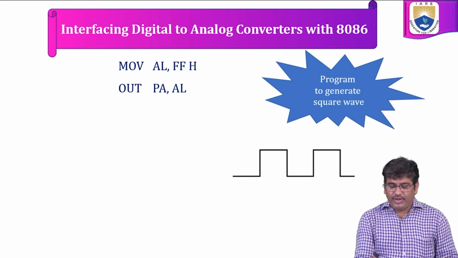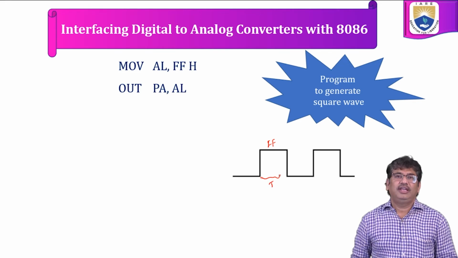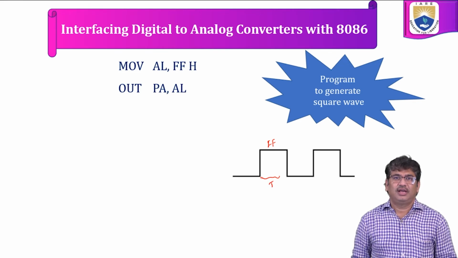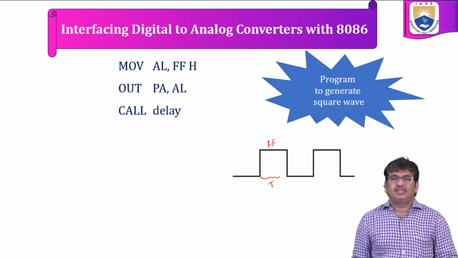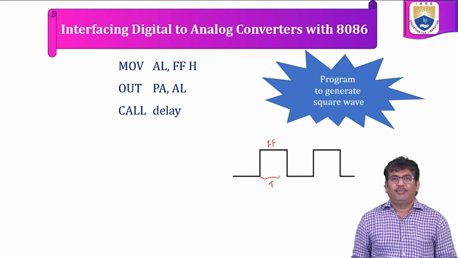Then we have to maintain this FF value for some amount of time T. We get this by calling a subroutine with the name delay, using the instruction CALL delay. So these three instructions are used for generating a logic 1 or plus V voltage for a duration of T.